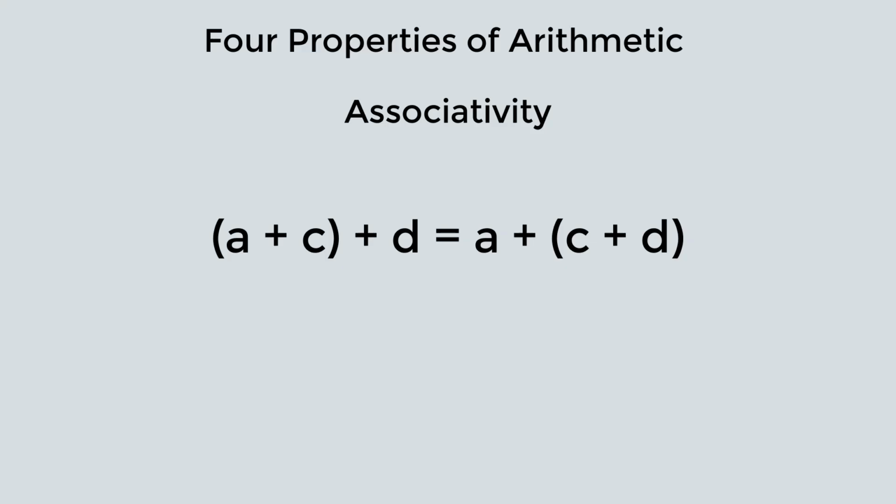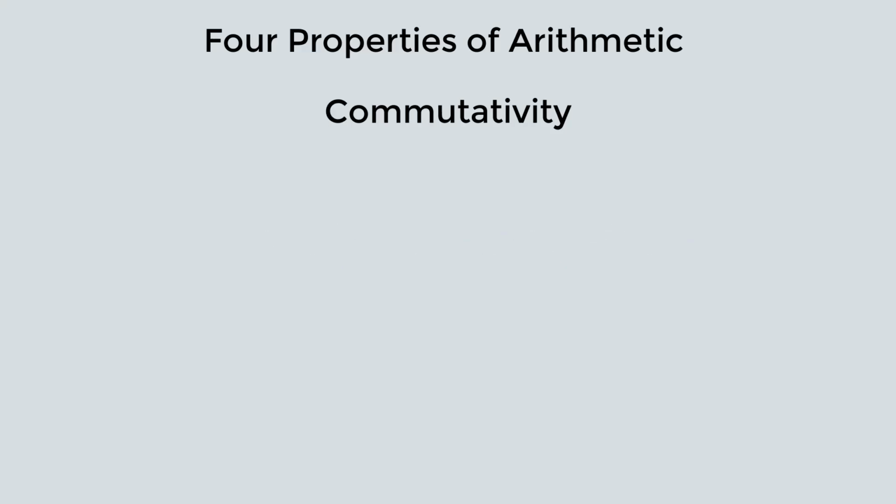Here, A, C, and D are numbers, and the brackets show which operation is performed first. The answer stays the same, even if the grouping changes. This allows us to break a calculation into smaller parts. Whether we add the first 2 numbers first or the last 2 numbers first, the final quantity is unchanged.